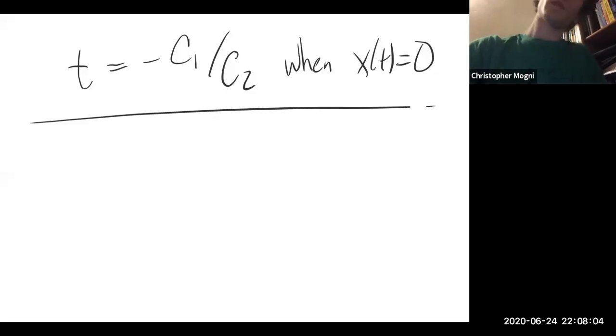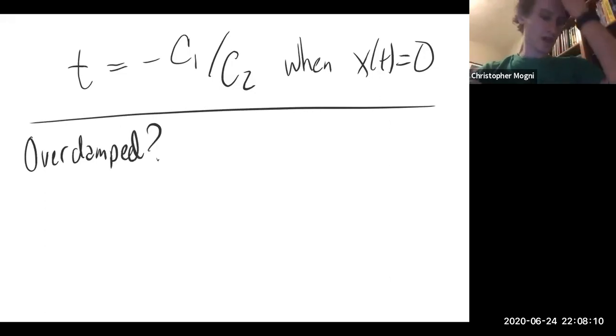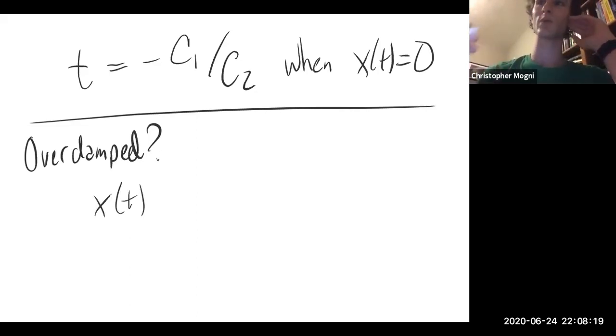So that's critically damped. How about overdamped? For overdamped, like I said, x of t is going to be slightly different. It's going to have that lambda factor, which is equal to the square root of beta squared minus omega squared. Because in an overdamped system, beta is greater than omega, we know that lambda is going to be real.